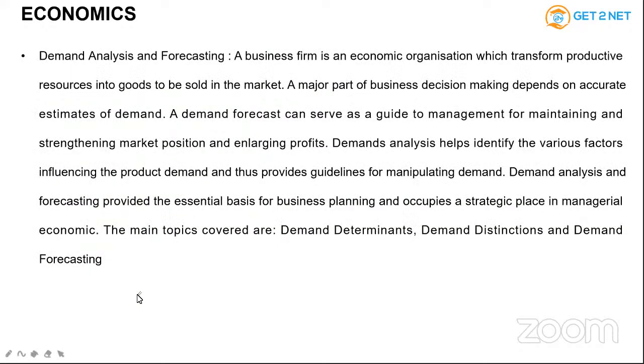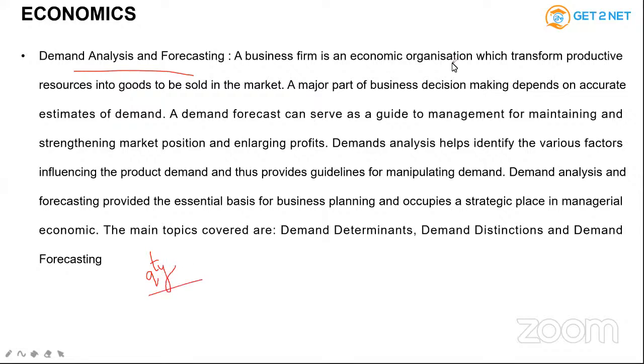Now see individually. When we are talking about demand analysis and forecasting, what does it mean? We are trying to find the demand. Now demand is related to quantity, right? How much quantity is sold in the market, or how much quantity is required by the customers in the market.